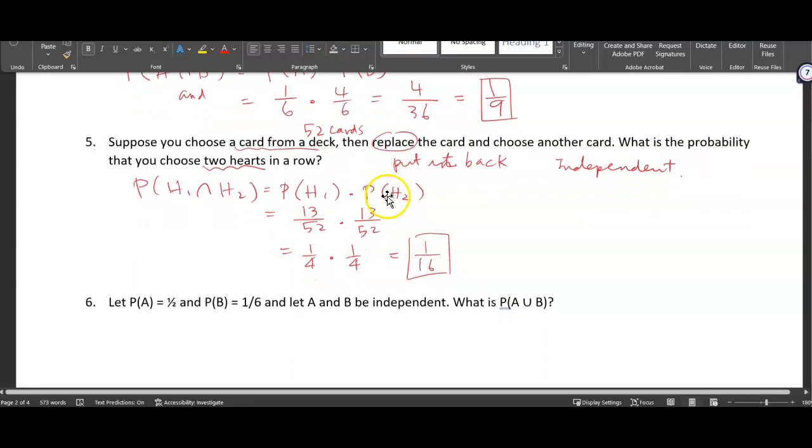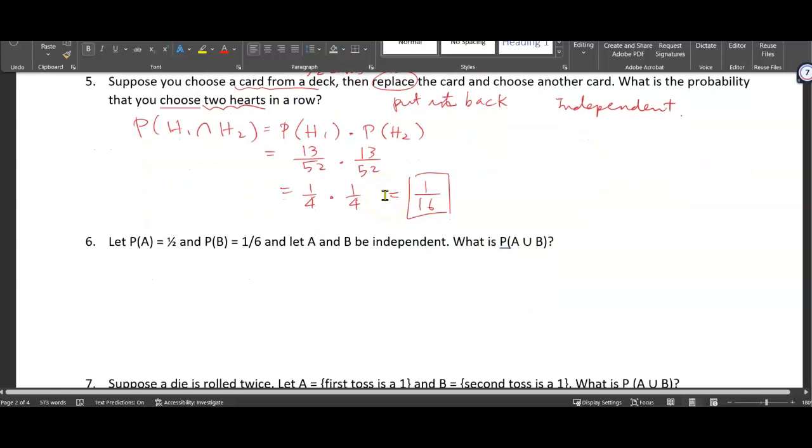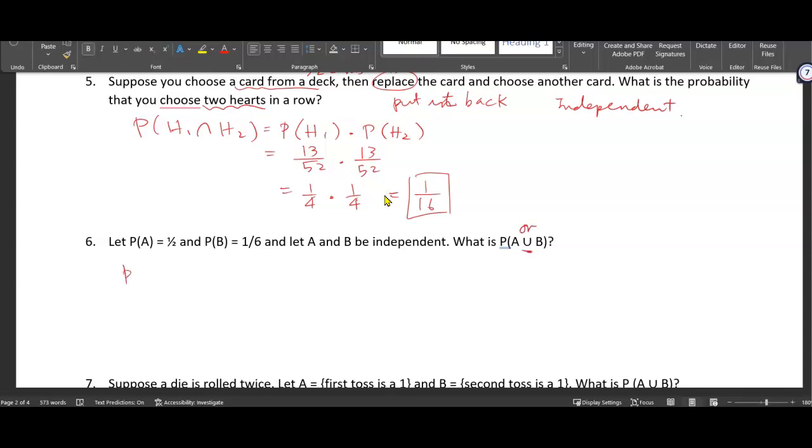Okay, so number 6, we are choosing between multiplication and adding, right? So here, this is OR. Union is OR, and if it's OR, we are going to use the addition property.